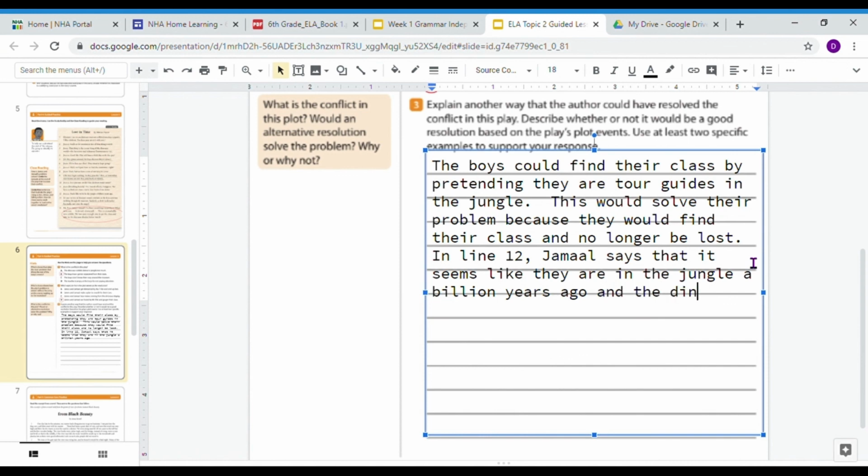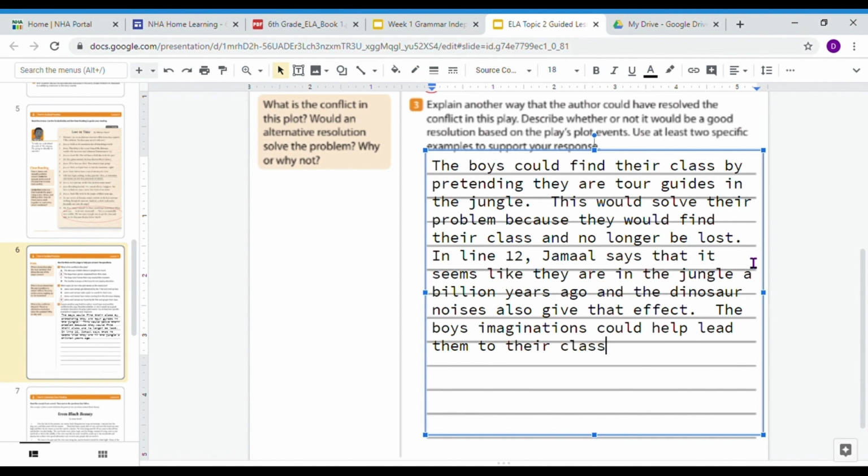And the dinosaur noises also give that effect. The boys' imaginations could help lead them to their class before Mr. Flynn finds them.